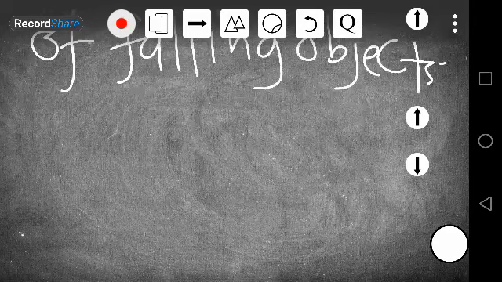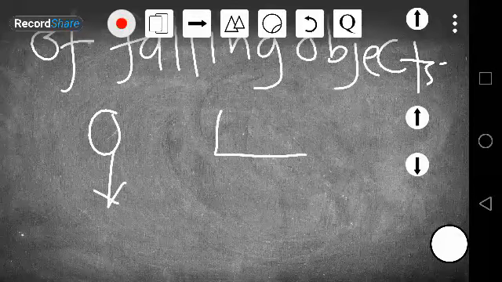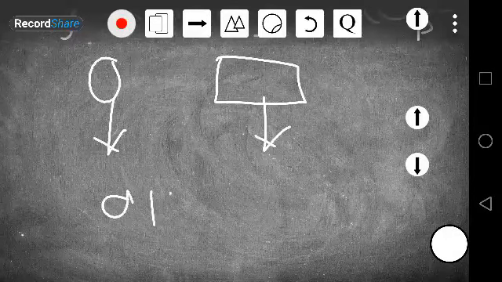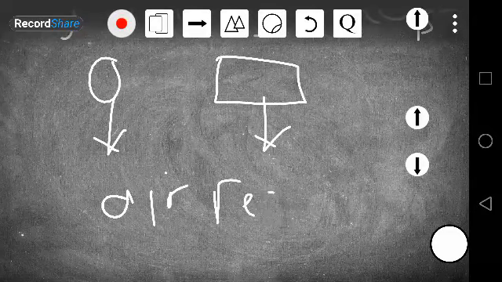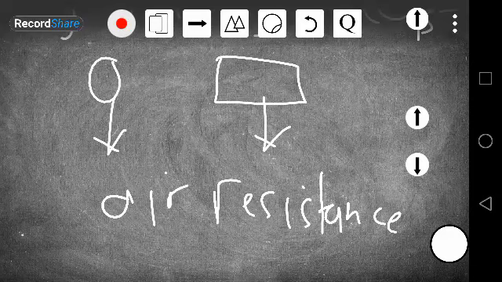Now, what are we saying when we say resistance of falling objects? We are saying as objects fall down, they face a resistance. Okay? Air doesn't want them to fall. So that's a resistance.